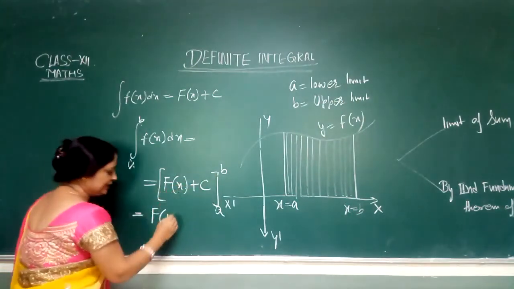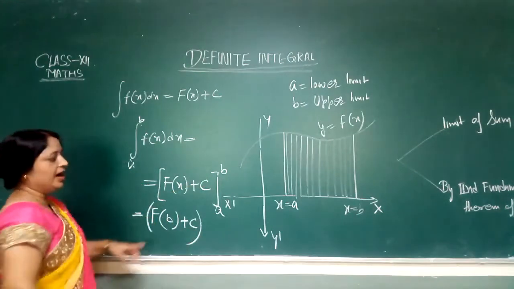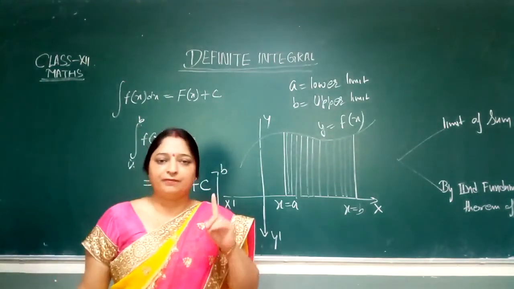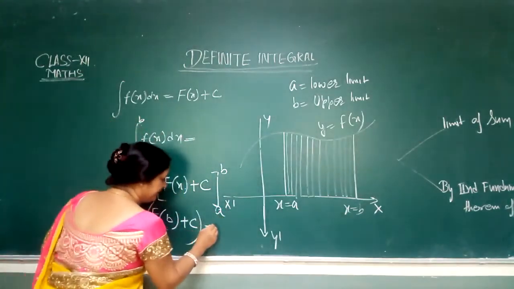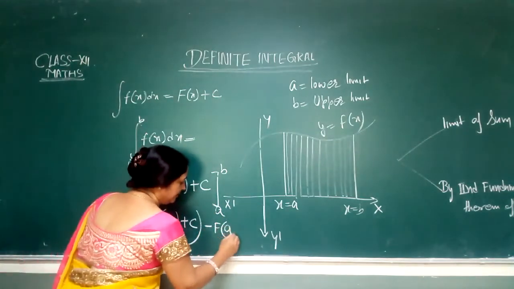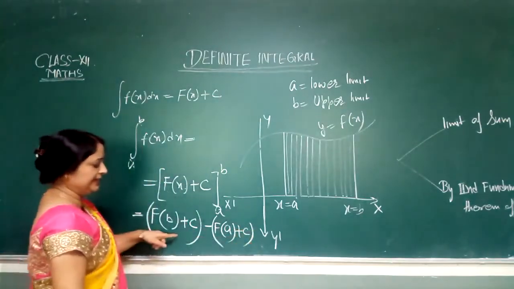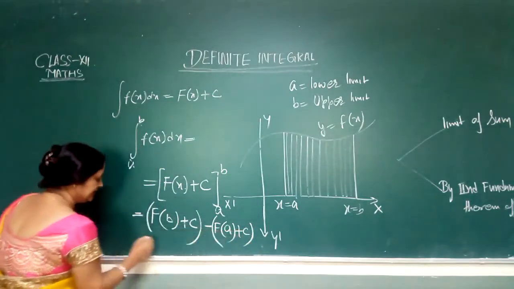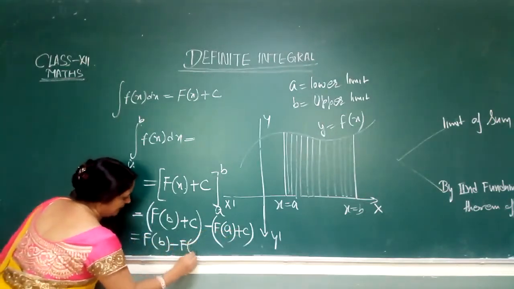In the place of x, it will come F of b plus c in brackets. The formula is upper limit minus lower limit, so a minus sign will come here. Now apply the lower limit, so it will come F of a plus c in brackets. When you open the brackets, this c will cancel. So what is left? F of b minus F of a.